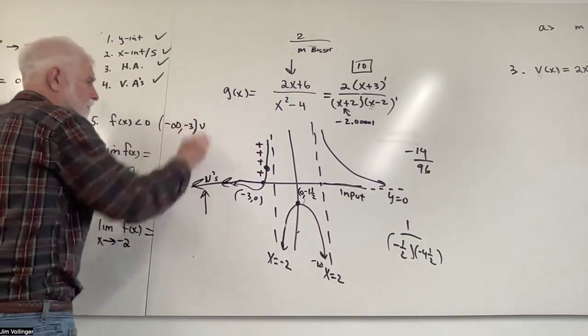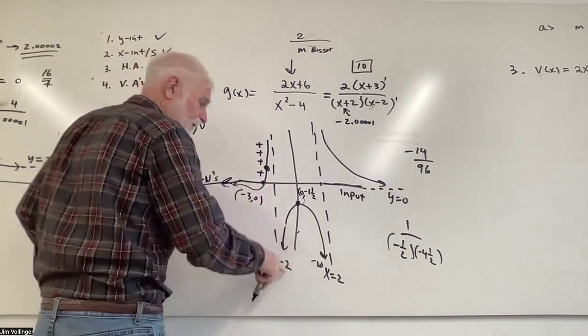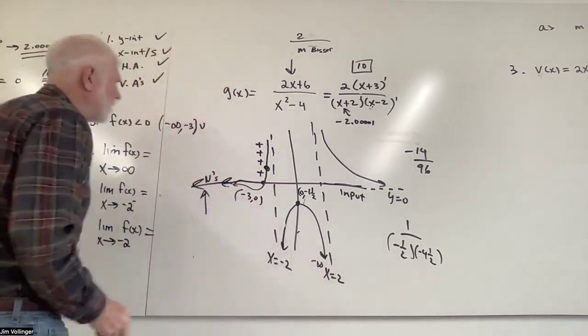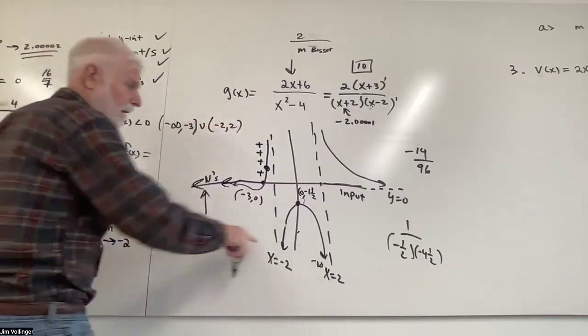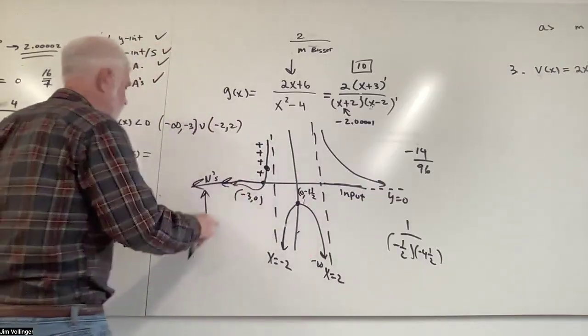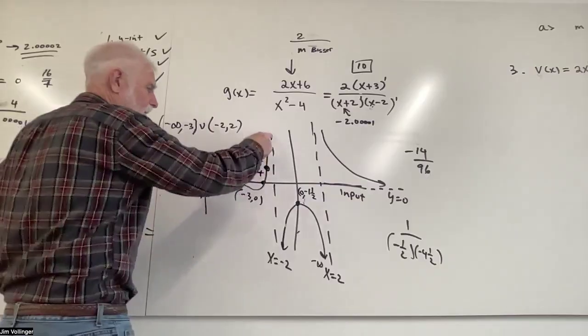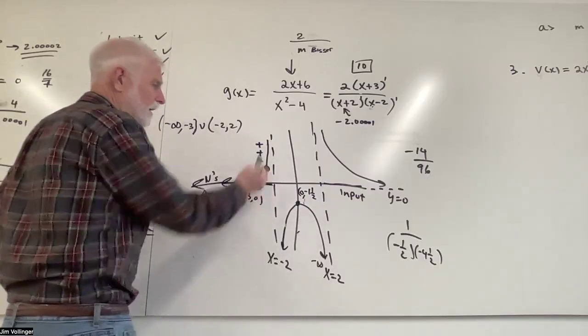union, then I'm positive for a short spell, but negative again from -2 to 2. Is that what I wanted? Less than? Yes. -2 to 2, I'm negative again, and then I'm positive. So these are positive numbers. So those x values right there are going to get me positives.